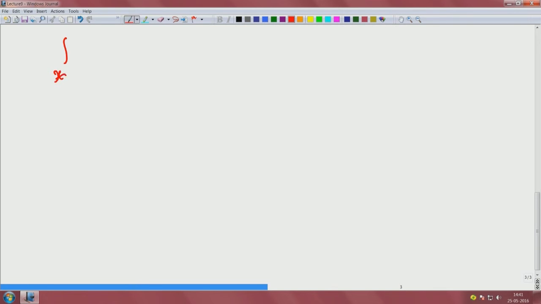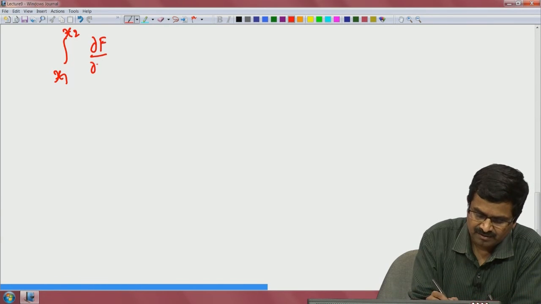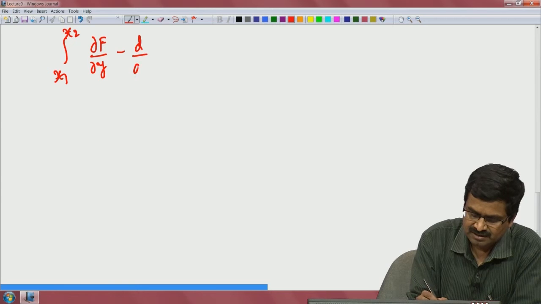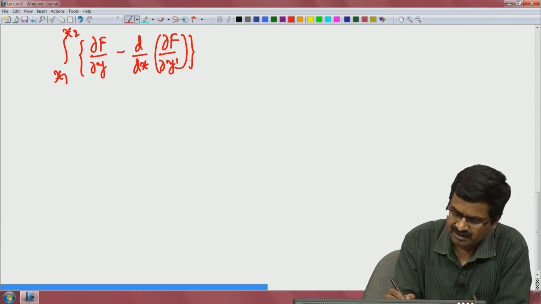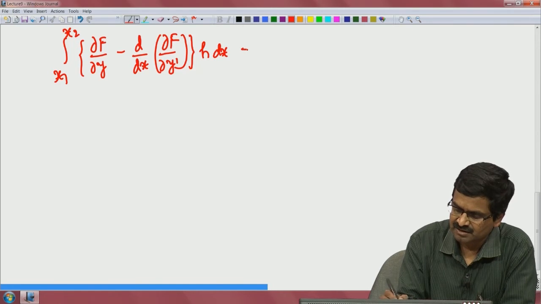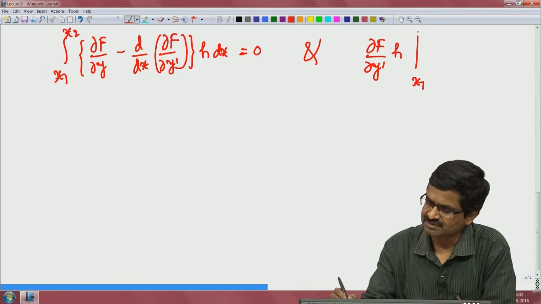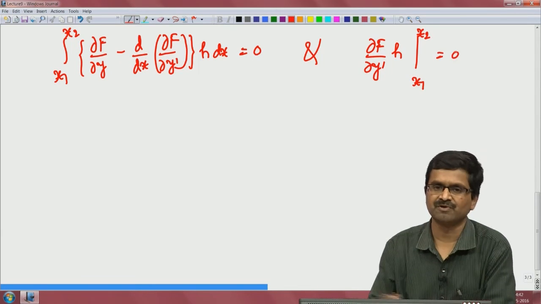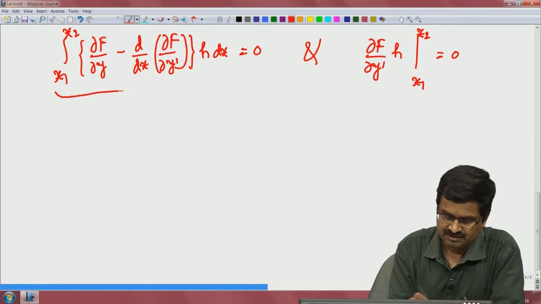So, we have integral x1 to x2 of dou f by dou y minus d by dx of dou f by dou y prime times h dx equal to 0, and we have dou f by dou y prime into h at the two limits x1 x2 equal to 0. That is what we had at the bottom of the last slide. Now, let us look at this.